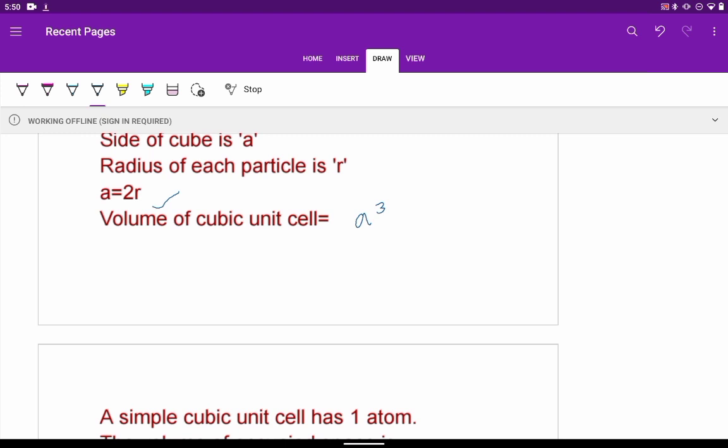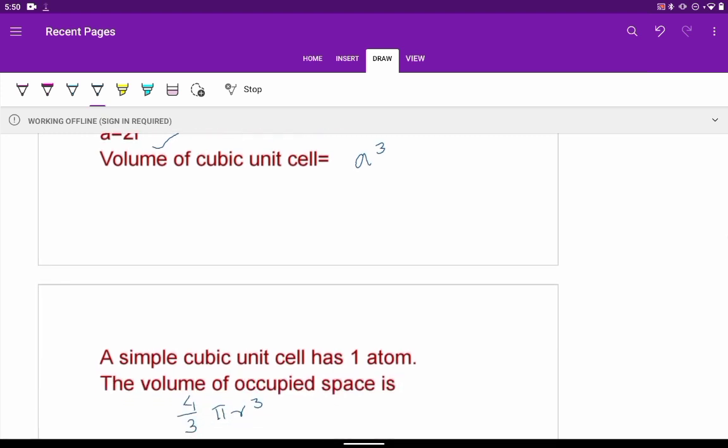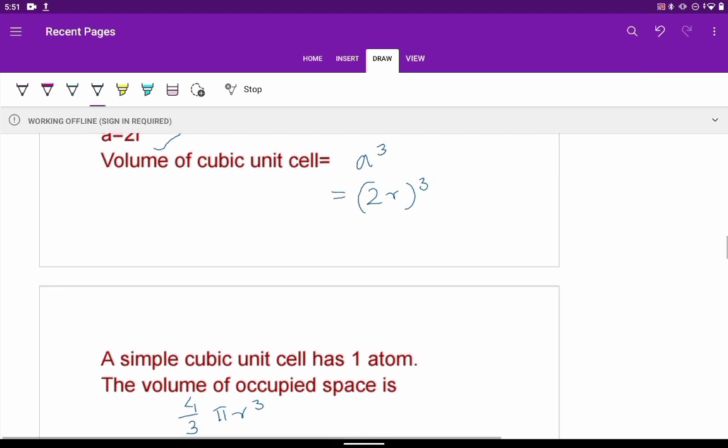What is a? a is equal to 2r. So this will be equal to 2r whole cube. 2r whole cube becomes equal to 8r cube, 2 into 2 into 2. So we get it as 8r cube.